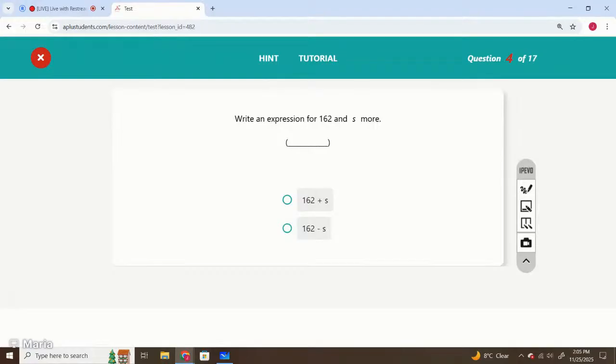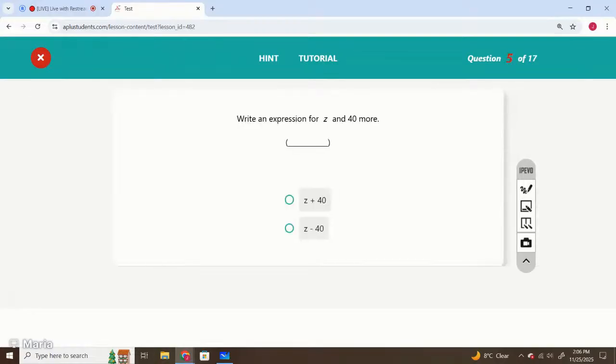Write an expression for 162 and s more. That is 162 plus s.